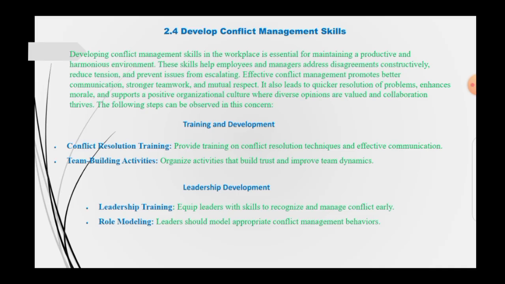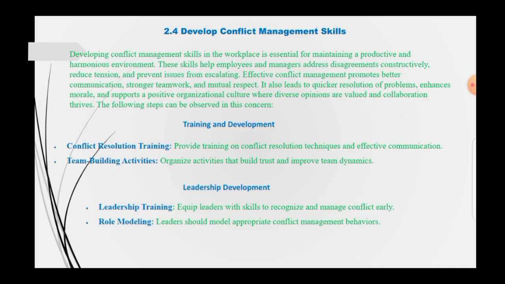Third, leadership training. This prepares leaders with the skills needed to identify conflicts early and manage them constructively, ensuring a positive work environment. Fourth, role modeling. Leaders demonstrate proper conflict management behavior through their own actions, setting an example for others to follow.